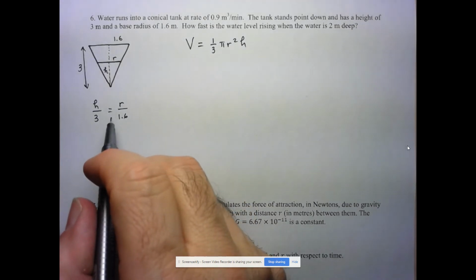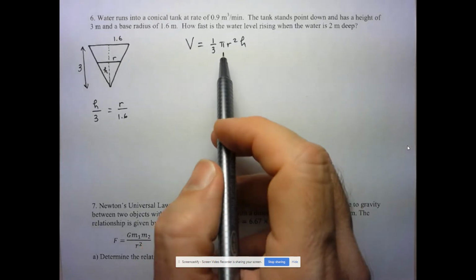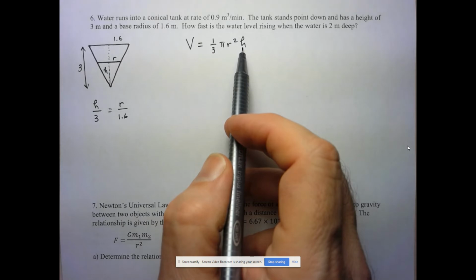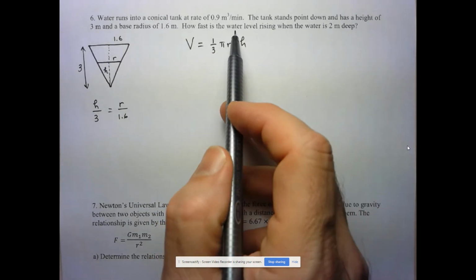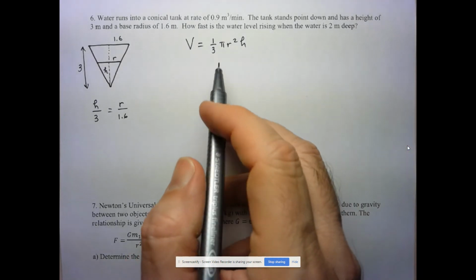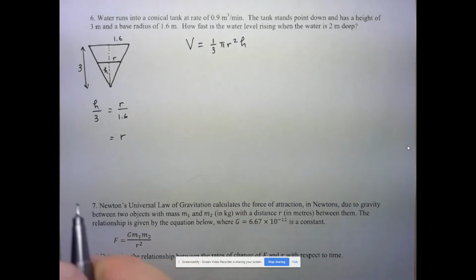Normally I would say isolate h so that I don't have to worry about squaring it. However, h is actually the variable I would prefer having in my equation because it's what I'm interested in and it's the information that I'm actually given. So even though I'm going to have to square it, I'm going to isolate r in this equation.